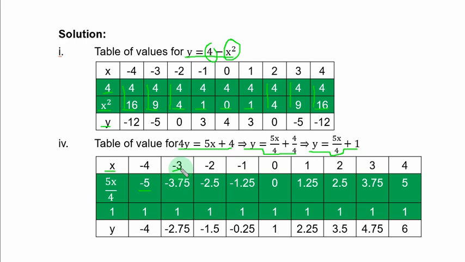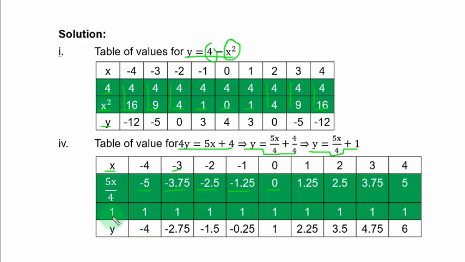Divide by 4, you have minus 3.75. If you continue in that order, when s is minus 2, 5s over 4 is minus 2.5. When s is minus 1, you have minus 1.25. When s is 0, you have 0, and so on.